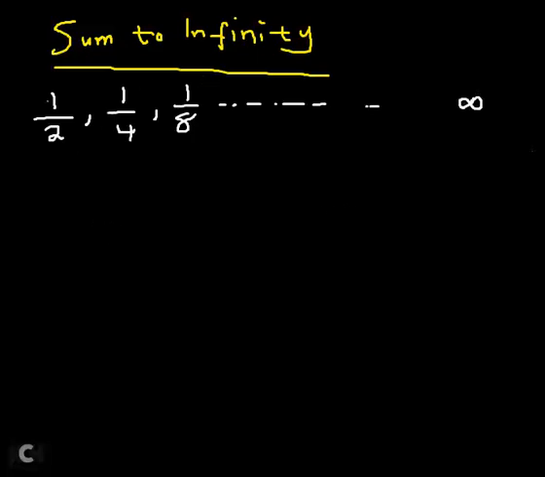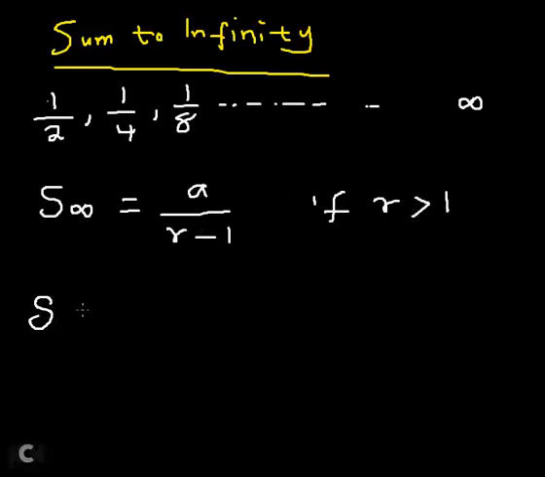So the formula for the sum to infinity of a GP is given as a all over r minus 1. Simple. And you use this formula if r is greater than 1.